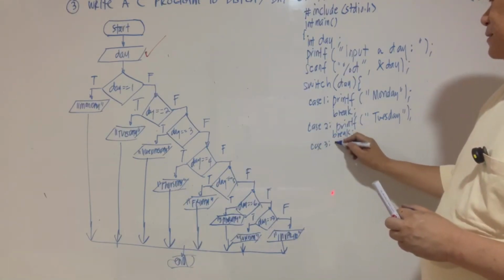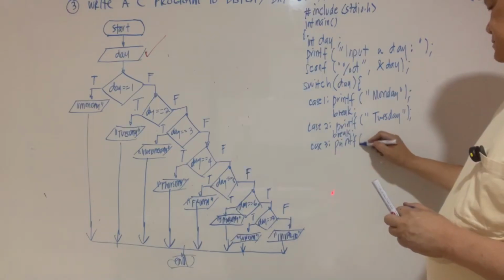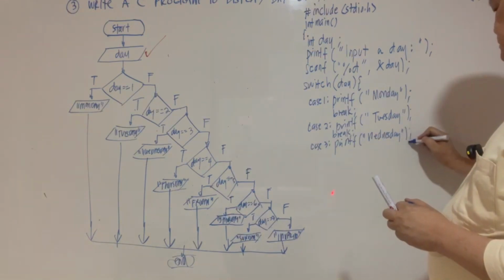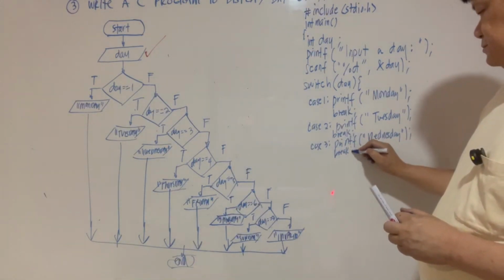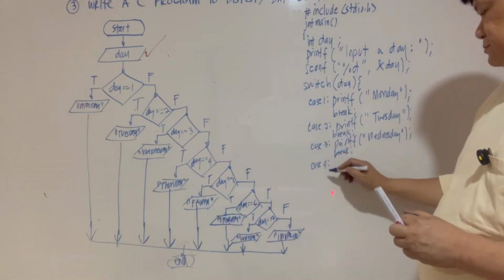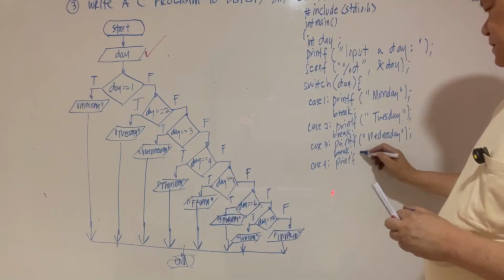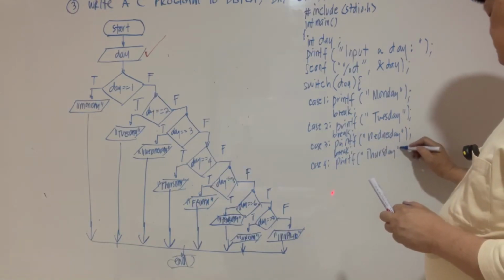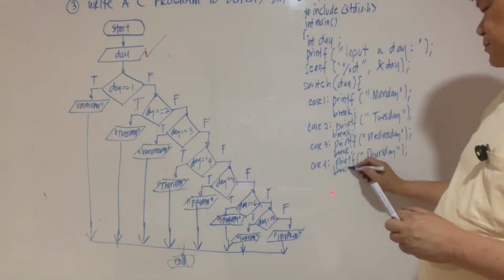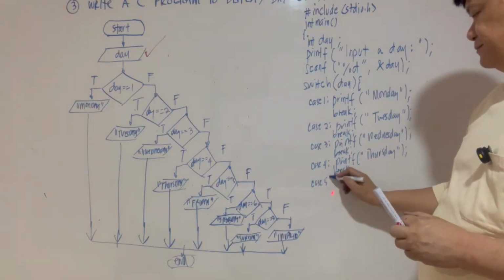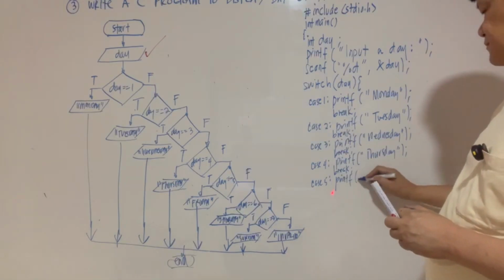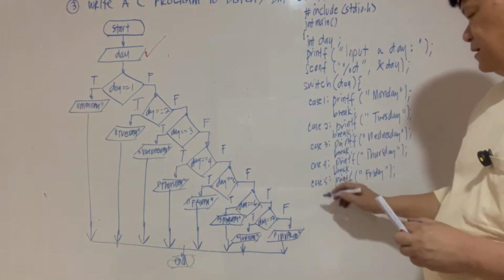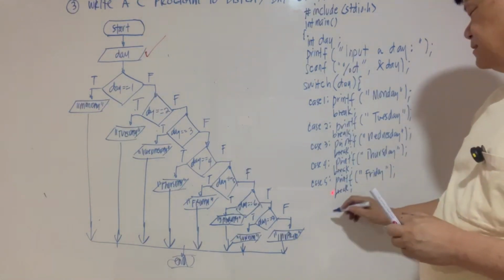Case 3. If it is 4, then printf Thursday, then you put there break. Case 5, printf Friday, then break.